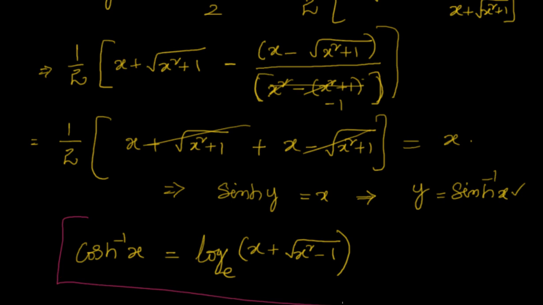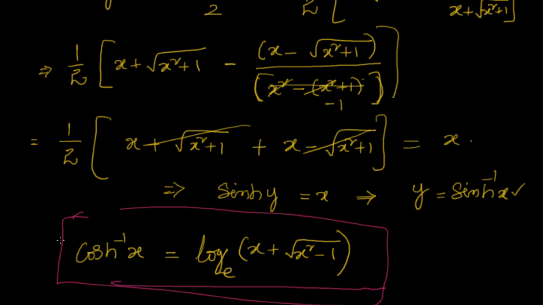We'll prove this. I have done sinh inverse x. I request you to take care of cosh inverse x. This is tanh inverse x. Okay, now let us say this is the same problem. We will say y equal to tanh inverse x. That gives me x equal to tanh of y.